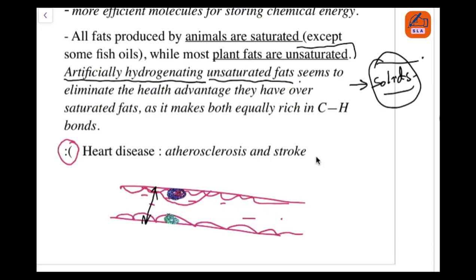So instead of having a smooth flow of blood here, too much cholesterol has deposited itself so that the blood vessel dimension is reduced like this, and that is actually not good.